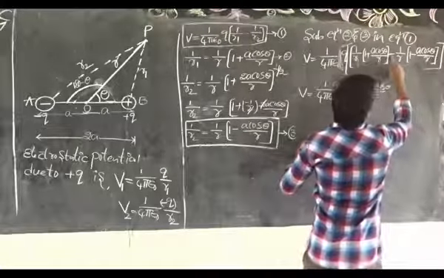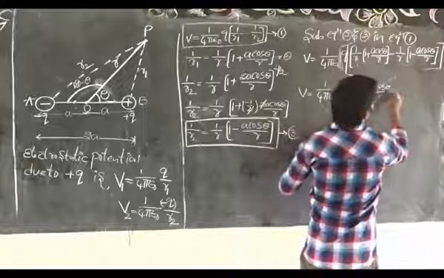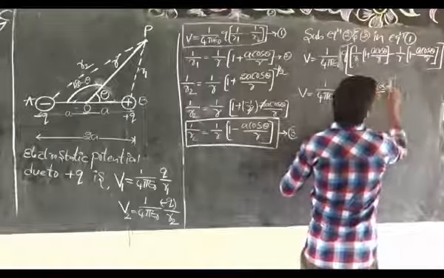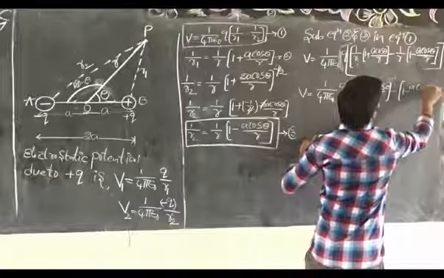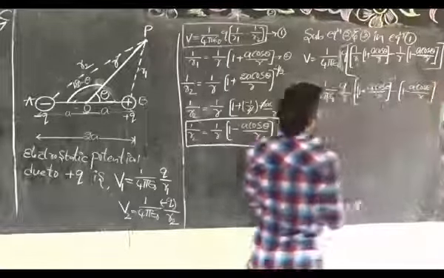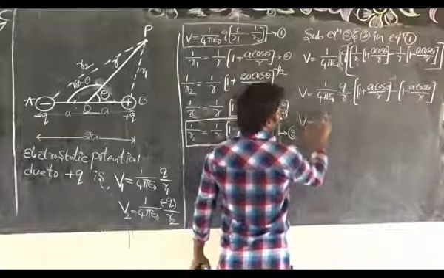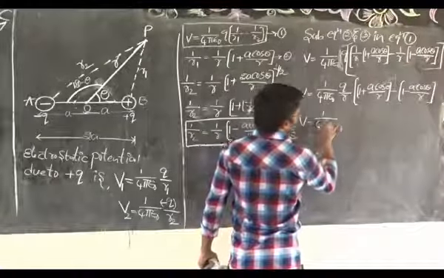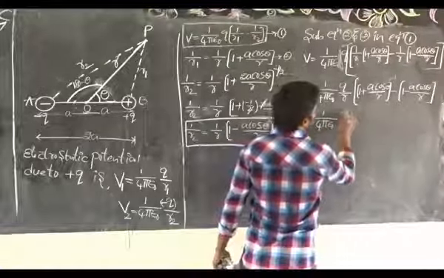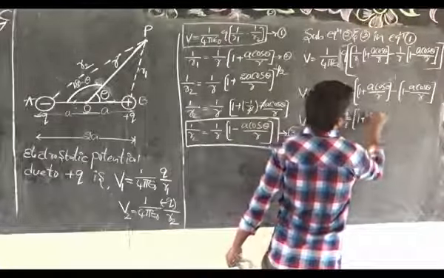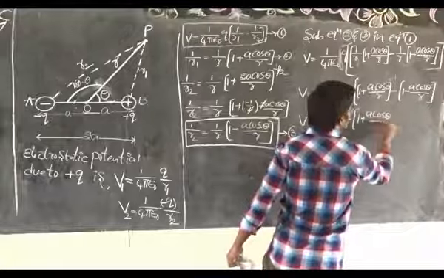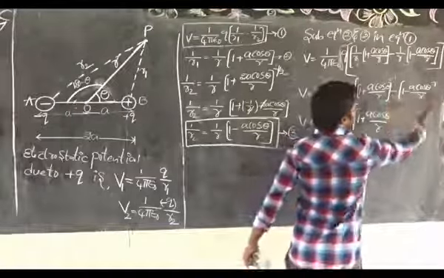Here minus is there. 1 by r we wrote out already, so minus is minus only, 1 minus a cos theta by r. Now again, V is equal to 1 by 4 pi epsilon naught into q by r into 1 plus a cos theta by r. Here minus is there, so multiply inside.